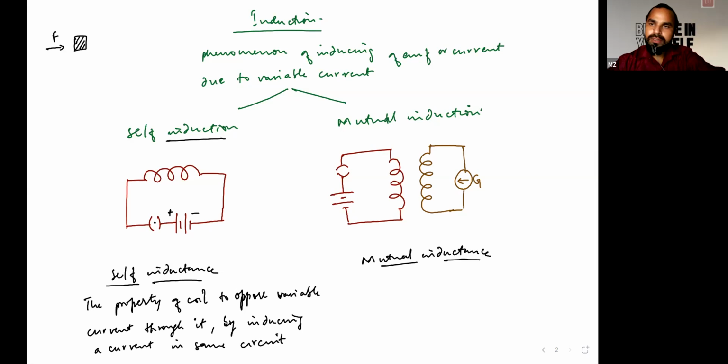This tendency of the coil is called self-inductance. It resembles the same behavior as inertia, which we learned in class 11th. So this is also called electrical inertia.